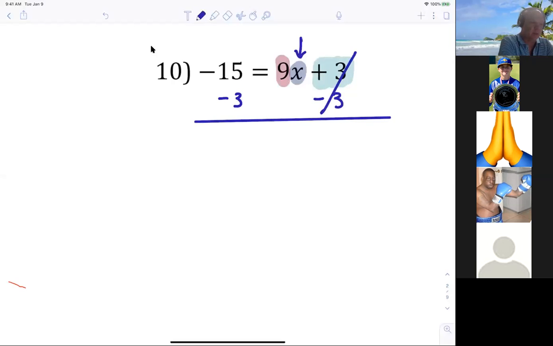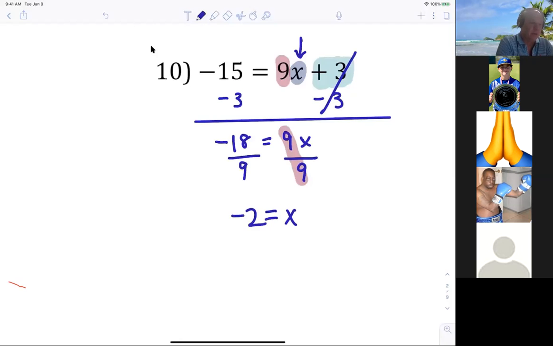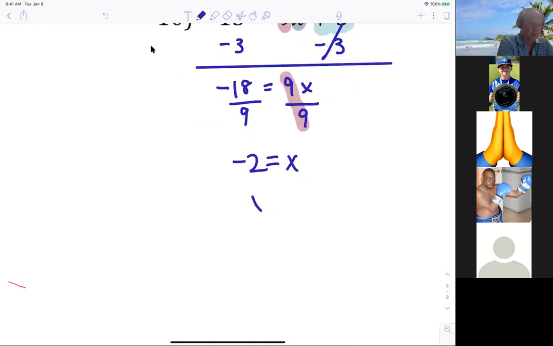Now these cancel. So we have -18 equals 9x. Now we divide both sides by 9. These cancel. So -18 divided by 9 is -2, and of course we would just rewrite this as x equals -2. Anybody have any questions? Nobody?